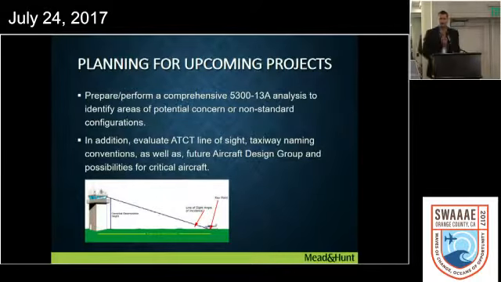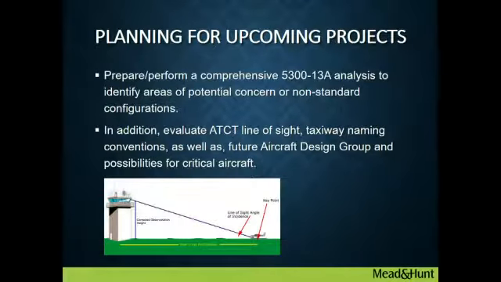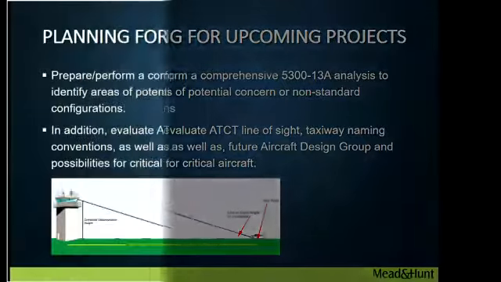So if you are on the list for a RIM project, the inventory list that's available from the FAA, I wanted to talk through a few of how to plan for these projects, or if you do have projects coming up that may be impacted as a result of the current mitigation efforts that the FAA is trying to implement.